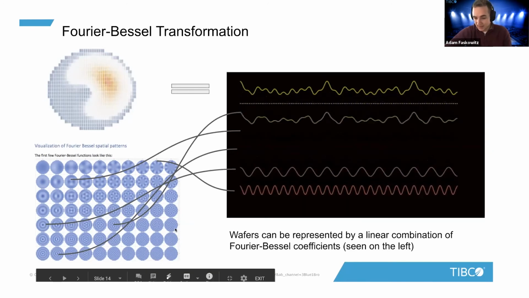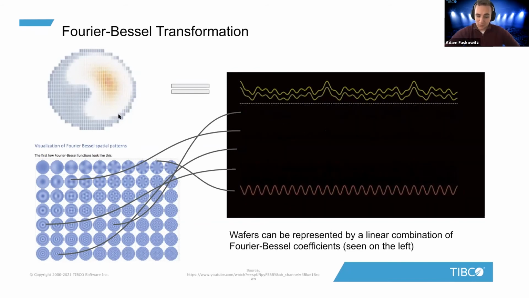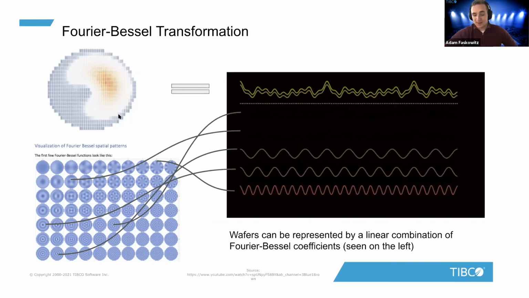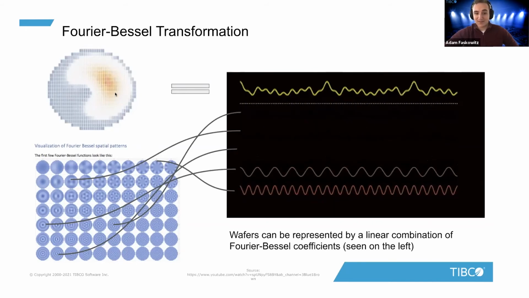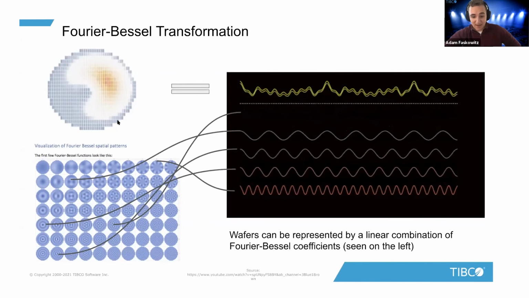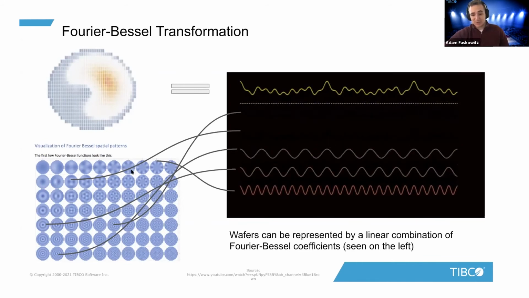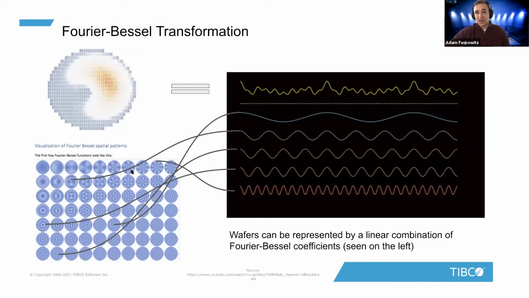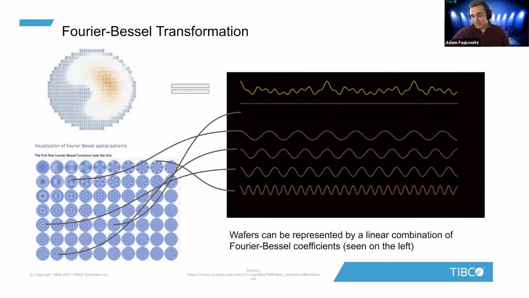Combining those together will now represent this wafer right here as just a series of these coefficients of how much it looks like each of these. So rather than having to maintain all of those 1,000 die values, you can now just represent it as a series of these weights, which can reduce that dimensionality. So rather than those 1,000 die, you now have 100 of these weights instead.